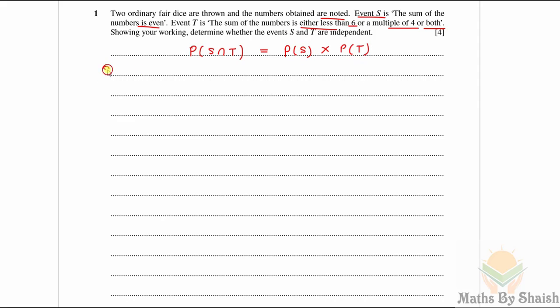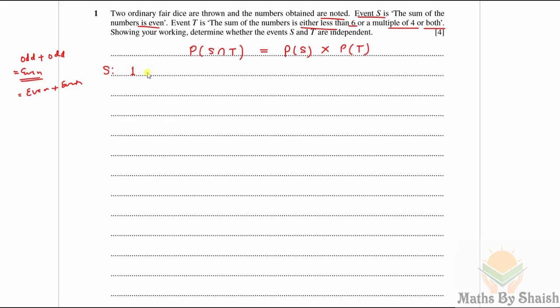For S, the sum of the numbers is even, and we know that if we add two odd numbers, or if we add both even numbers, then only we get an even number as the sum. So here we have two fair dice, so we'll mark them all.